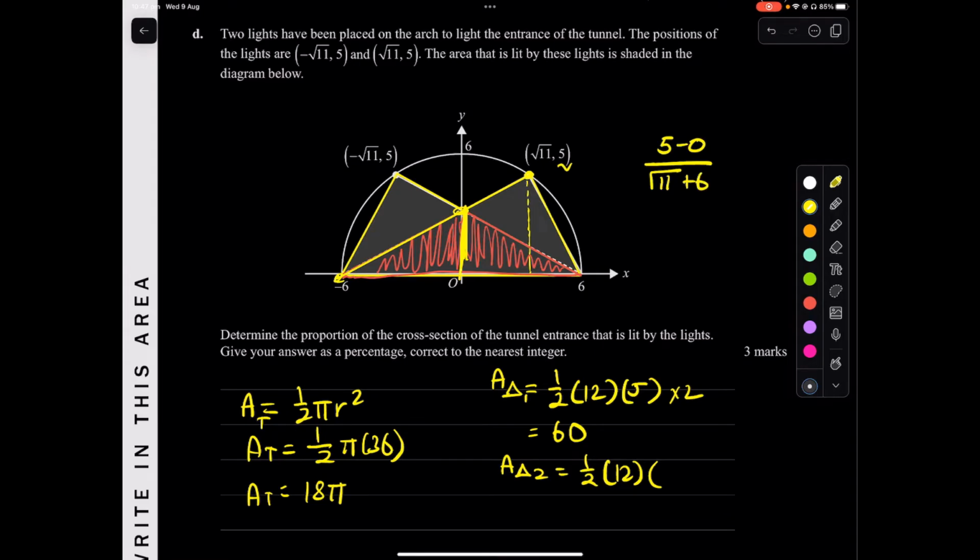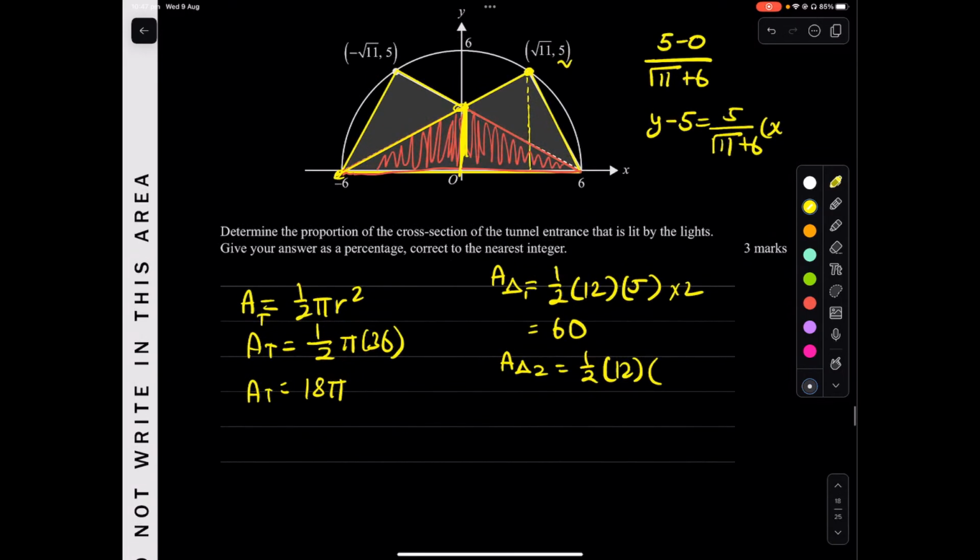So that's your gradient. So it will be y minus 5 equals 5 over root 11 plus 6 times x minus root 11.